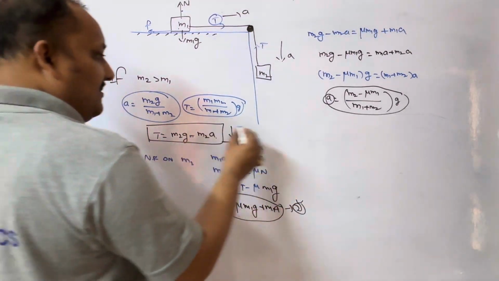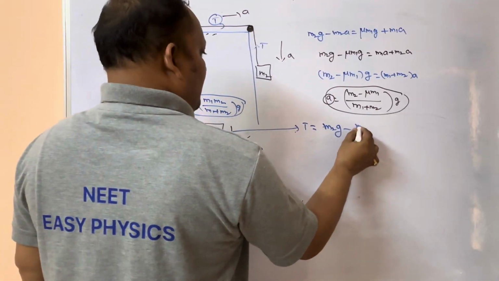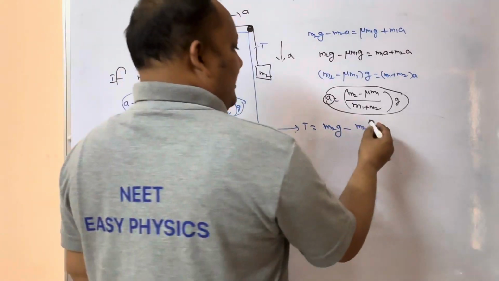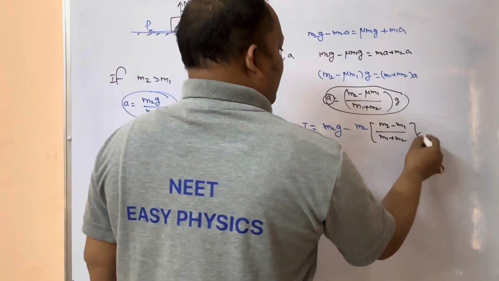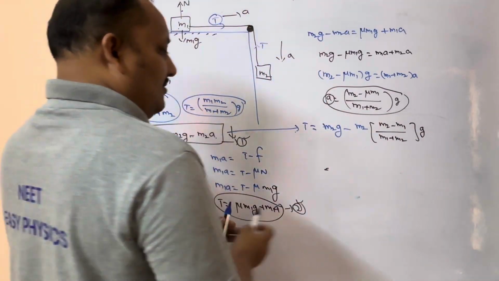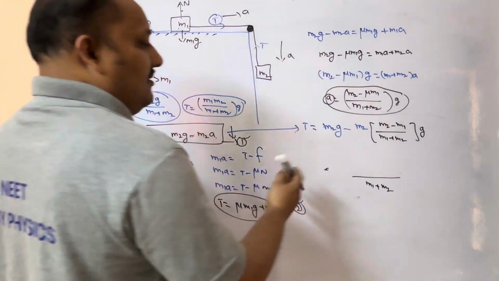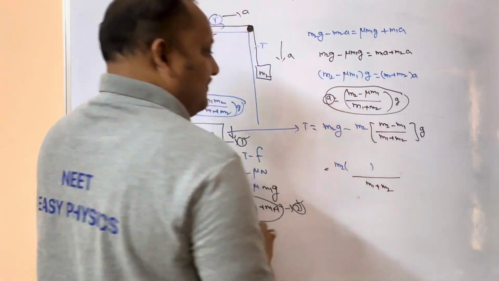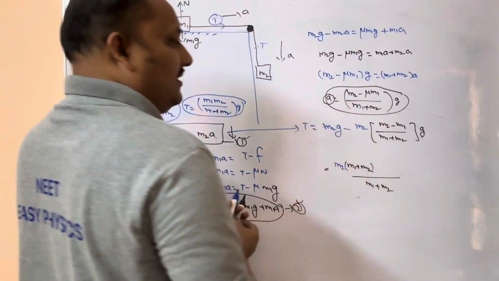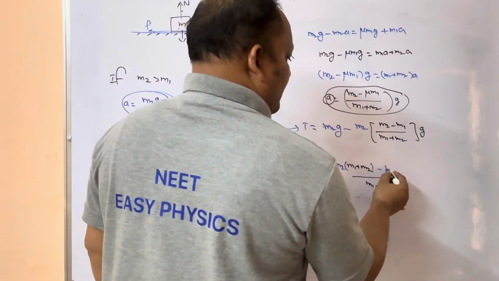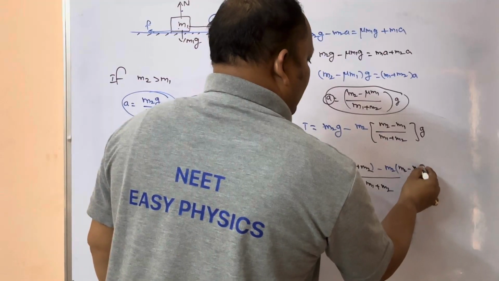If you substitute in equation number 1, T is equal to M2G minus M2 times the acceleration. What is the acceleration here? M2 minus mu M1 by M1 plus M2 into G. Now you can take the LCM, M1 plus M2. Next, M2 into M1 plus M2, minus M2 into M2 minus mu M1.